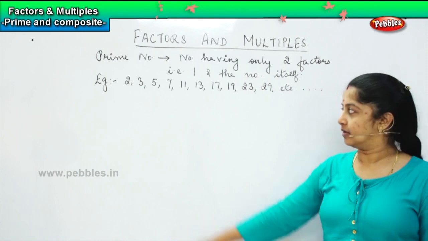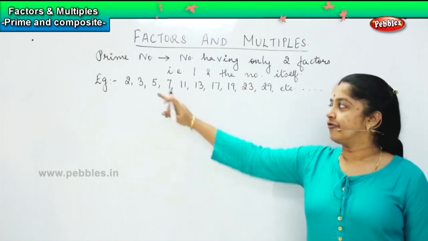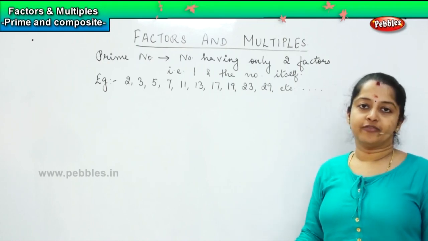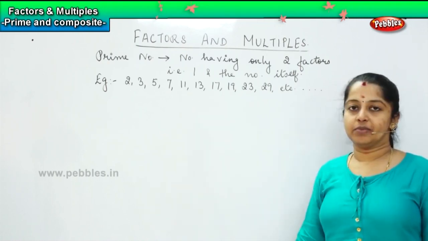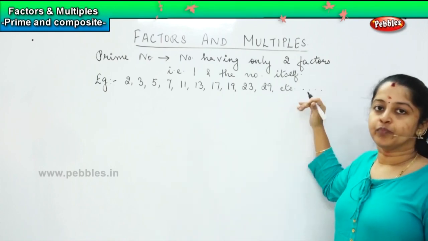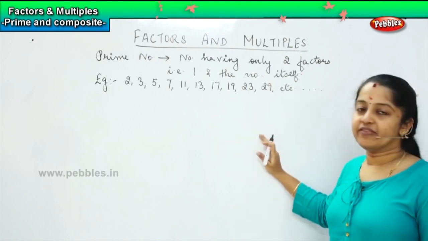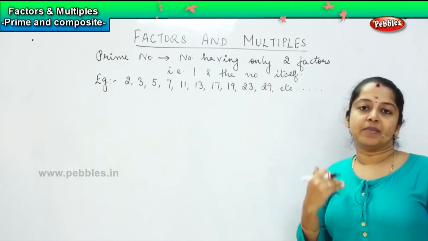There are no common factors. Similarly for 3, it is 1 and 3. For 5, it will be 1 and 5. For 7, it will be 1 and 7. So in all these cases, if you see, there is no common factor with which you can divide this number. Even if you try dividing the number, there will be a remainder left.